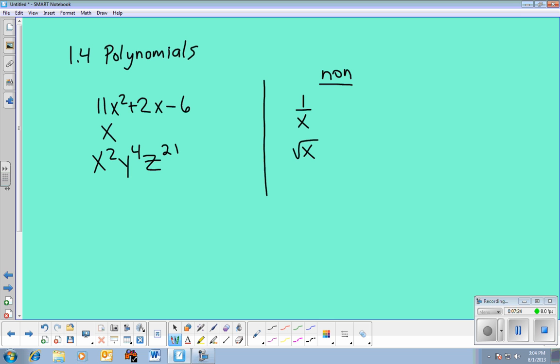Square root of x, again, absolute value of x plus 3. All of those things, the dividing, the square rooting, and the absolute valuing, exclude this from being part of polynomials. Okay, you could have something like square root of 3 times x. That is okay, because the square root doesn't have the x underneath it.